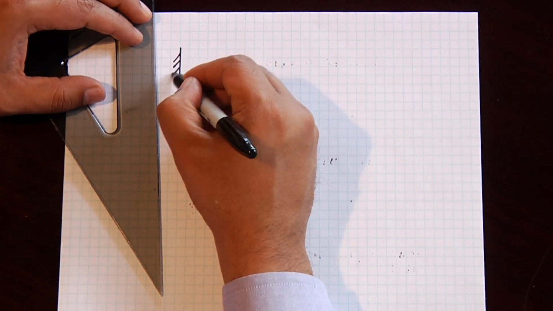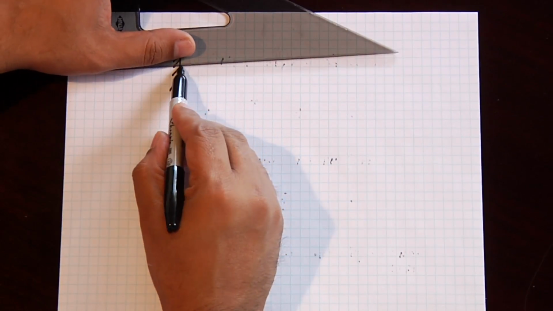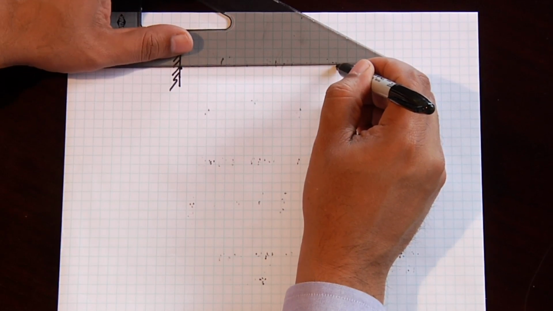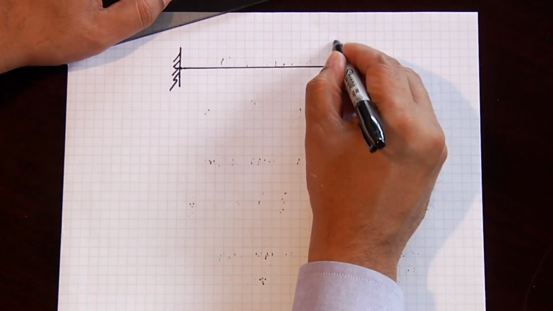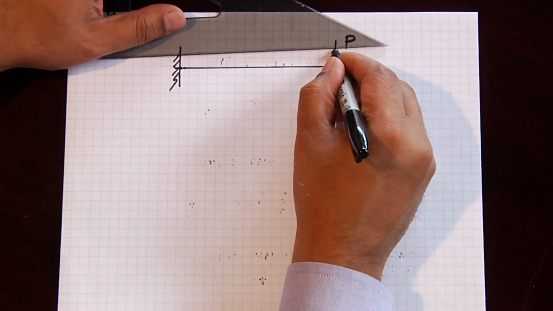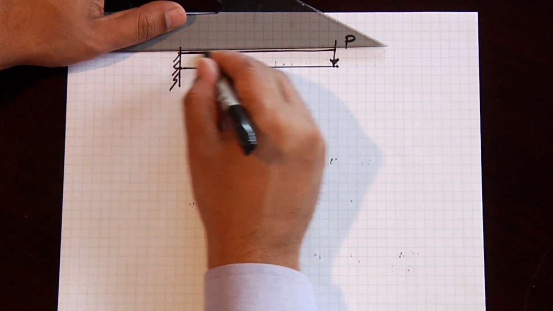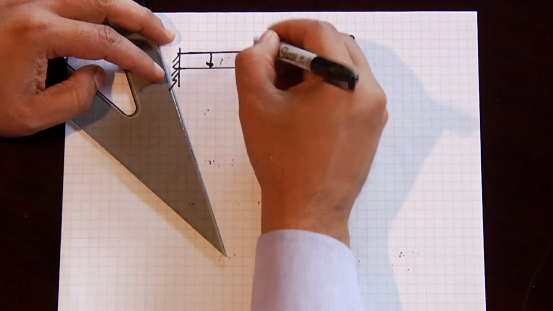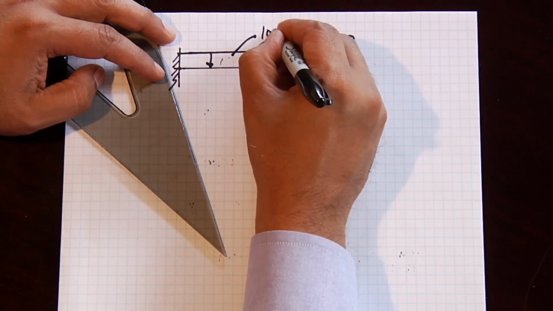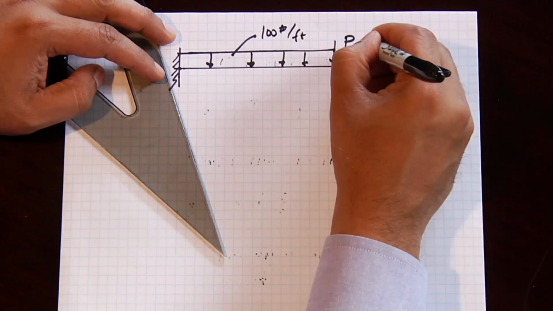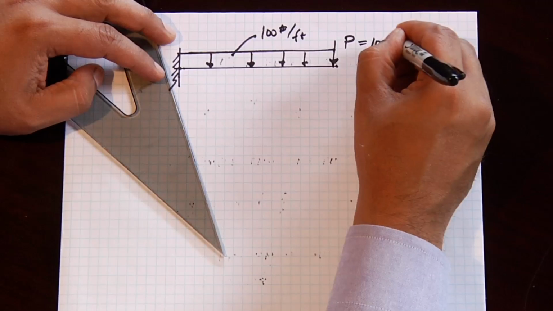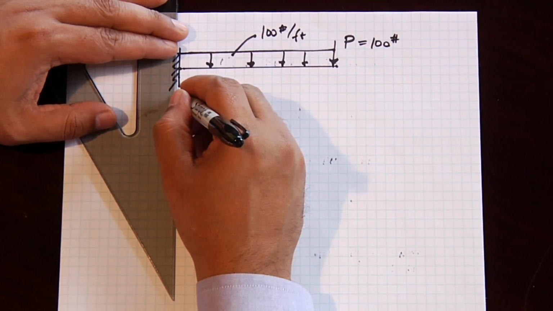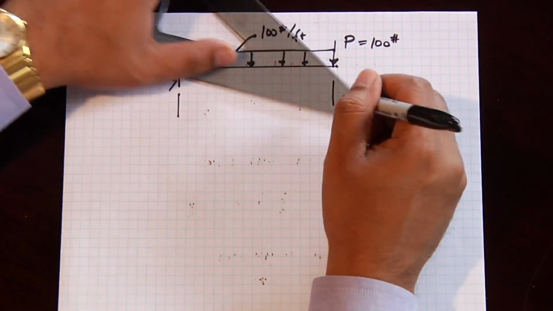So the cantilever beam, fixed on one end, with a concentrated load and a uniform load. The uniform load will use 100 pounds per foot. The concentrated load of 100 pounds will make a span length of 10 feet.